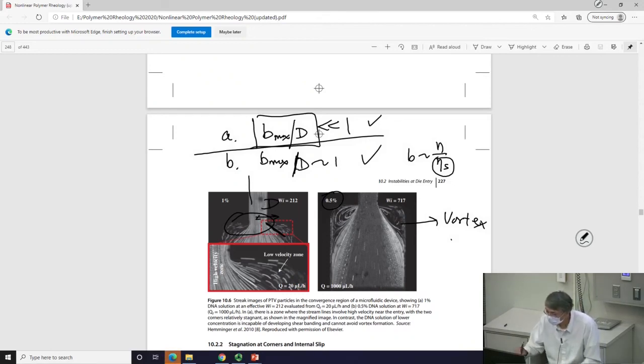If it cannot shear band, then the only way to satisfy continuity is to rotate. That's why you have vortices. I know I drew it wrong because the material is going this way. So it's basically just coming back and hitting the wall, and then coming back, hitting the wall, coming back. So that's the physics, in our opinion.